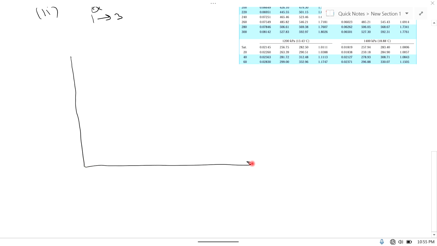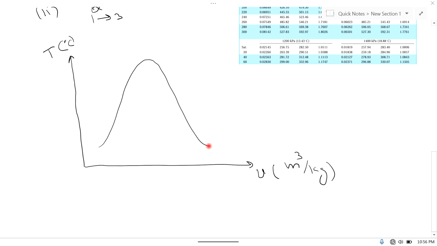First I explain the statement with the help of a T-v diagram. This is temperature in degrees centigrade. This is volume in cubic meter per kilogram. This is the saturation curve. Initially the temperature is 10 degrees centigrade. So let's suppose this is the constant temperature line.